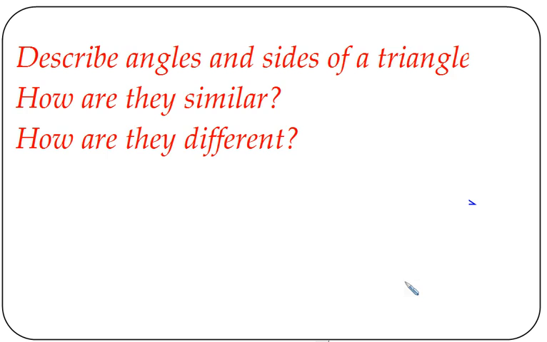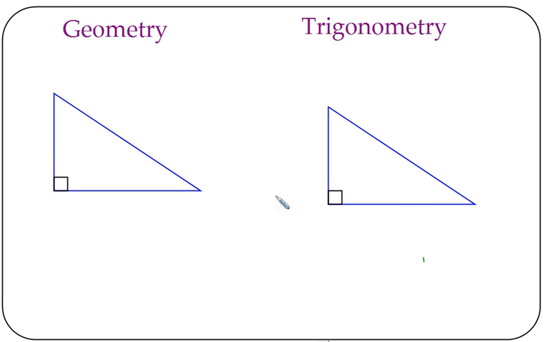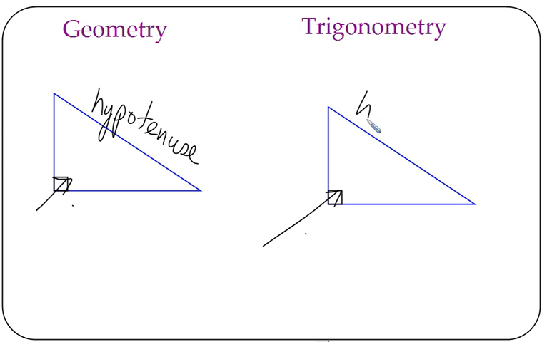Okay, we're going from geometry to trigonometry. In geometry, when we have a right triangle, this is called the hypotenuse. It is opposite the right angle. In trigonometry, opposite the right angle is the hypotenuse.